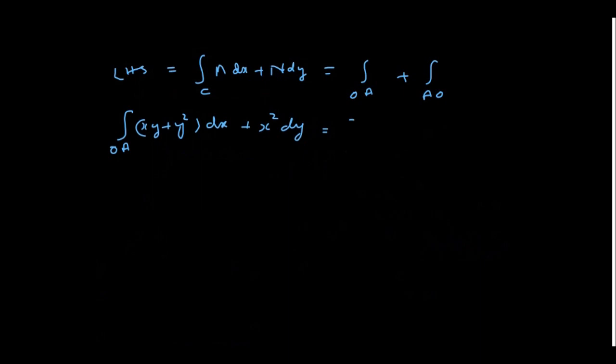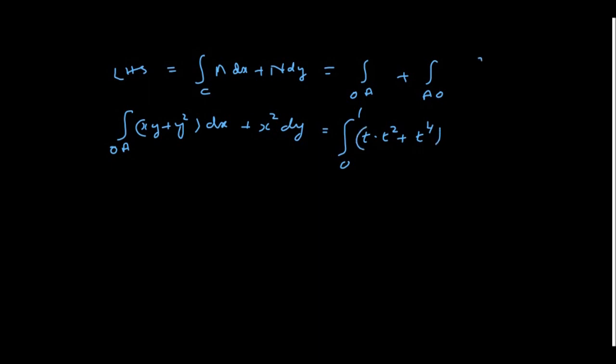The integral with t limits 0 to 1, and x is equal to t and y is equal to t square. So xy plus y square gives t cube plus t square whole square, that is t raised to 4, and dx.